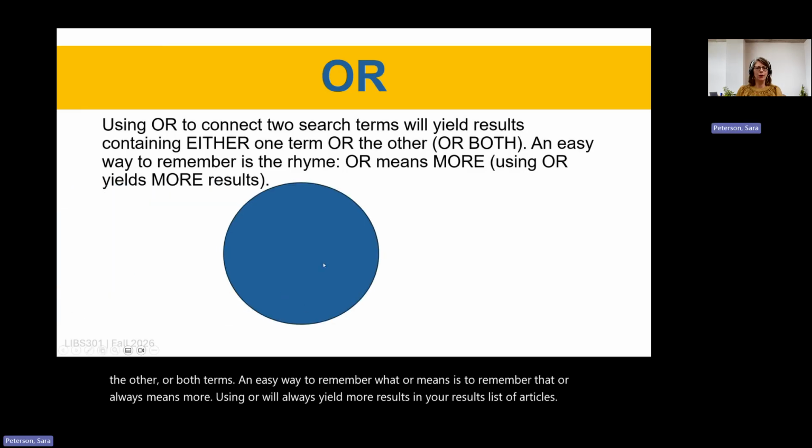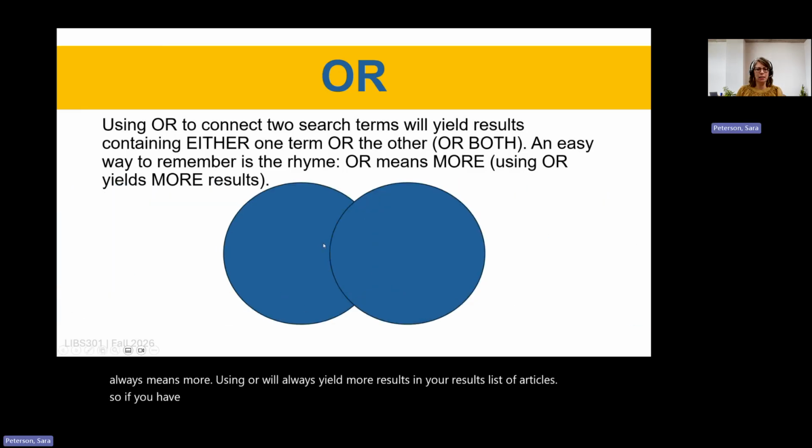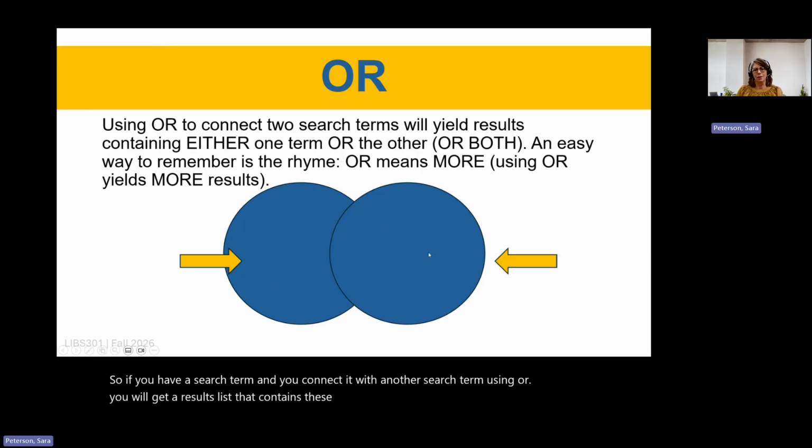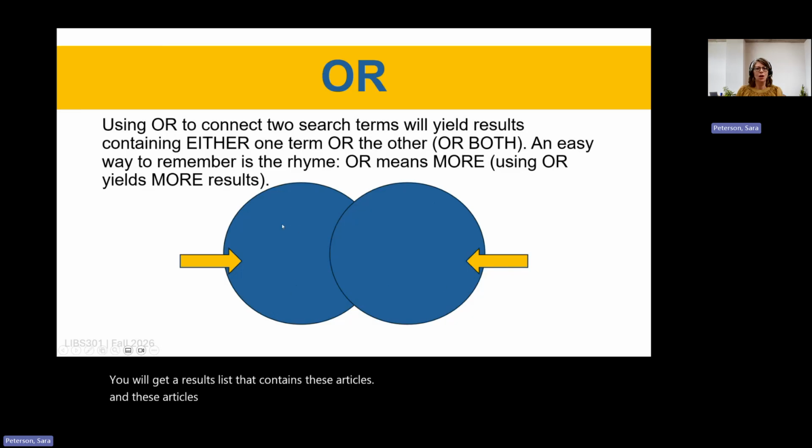So if you have a search term and you connect it with another search term using OR, you will get a results list that contains these articles and these articles. So this represents articles with one of the search terms.